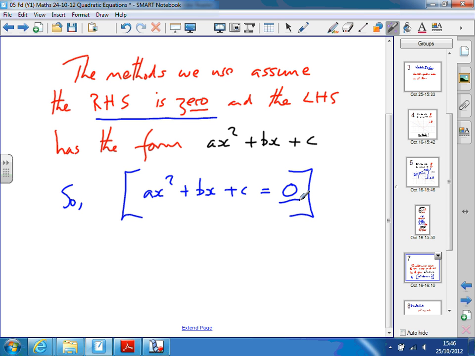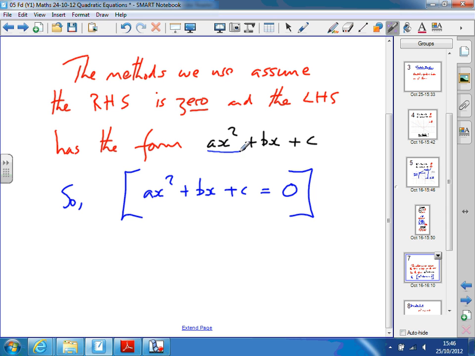So if it's not 0, we make it 0 by adding or subtracting whatever terms are on the right-hand side, so they go over to the left-hand side, because all these methods rely on that. And then the second thing is that the left-hand side has this sort of form: a term involving x squared, where a, the coefficient of x squared, is some number.